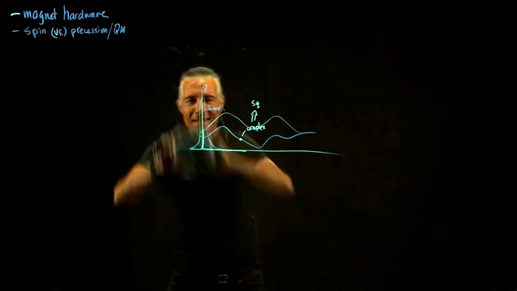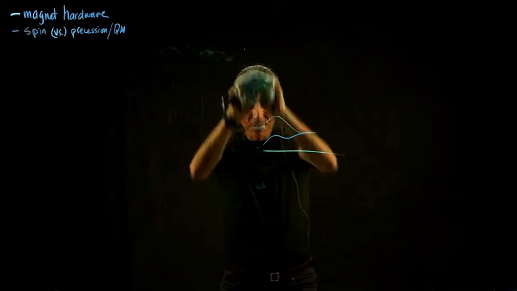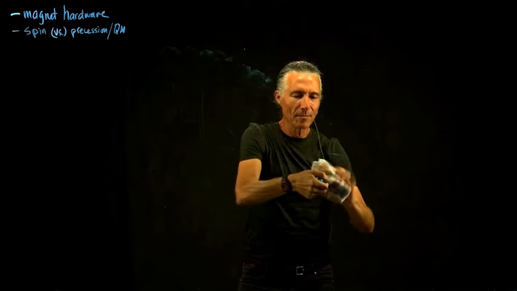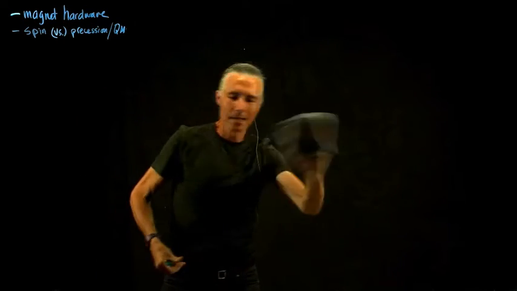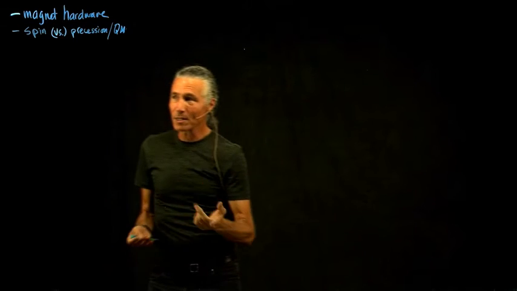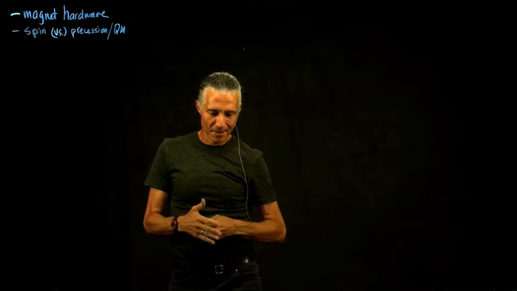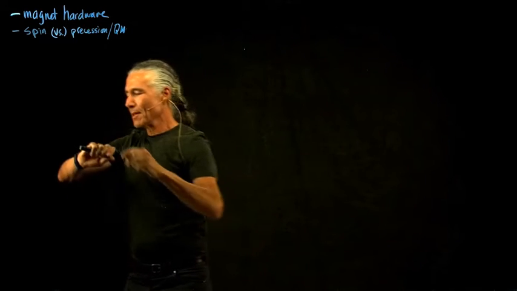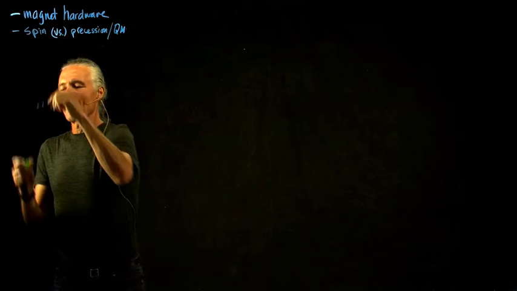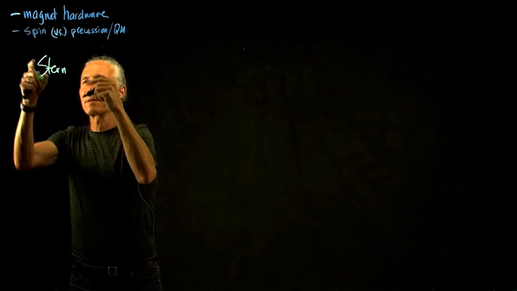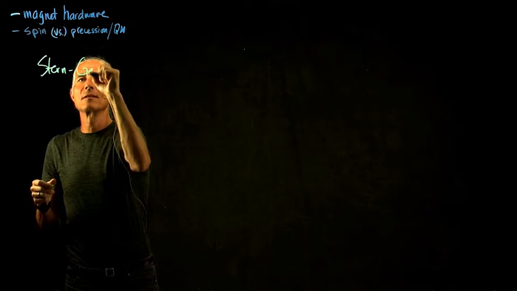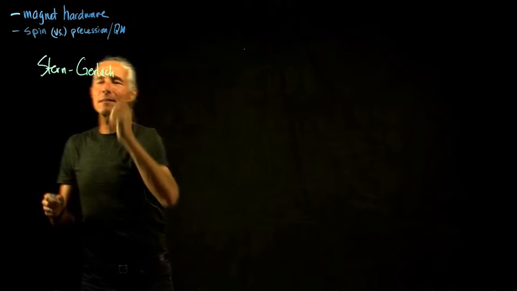And so, without doing any math, except for very simple sort of top math, what are some of the basic observations that forced people into this view? One basic thing was an experiment that relates to spin and precession, the Stern-Gerlach experiment.